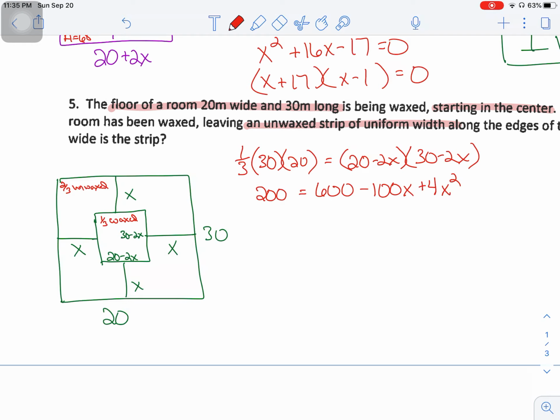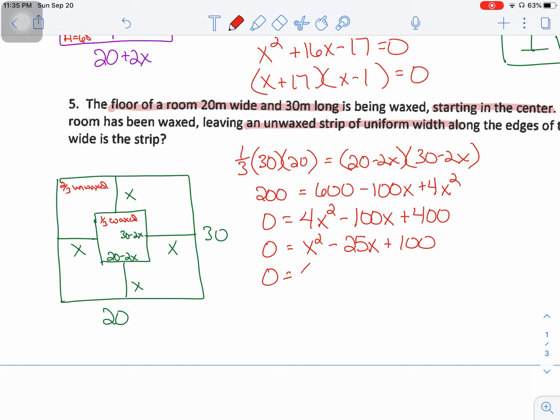A little rearranging here to make the world a better place for me to solve this problem. That would be plus 400. Divide everything by 4. So x squared minus 25x plus 100.